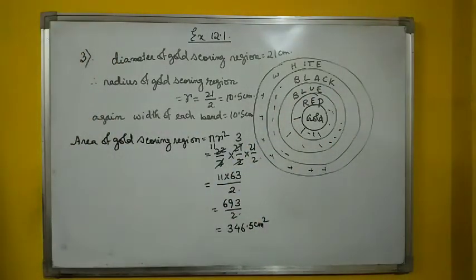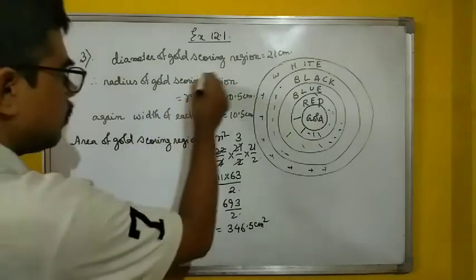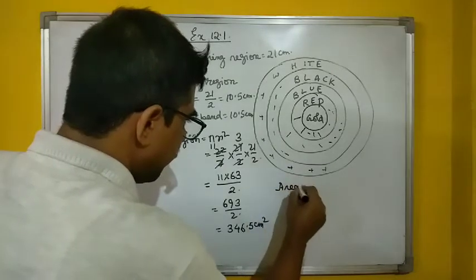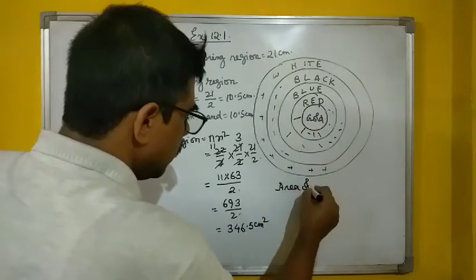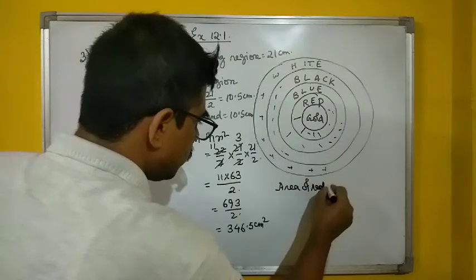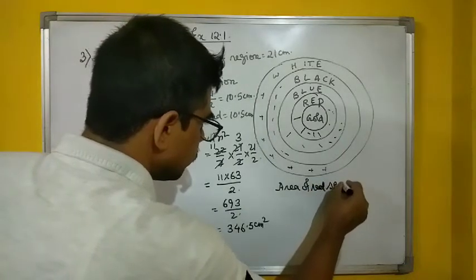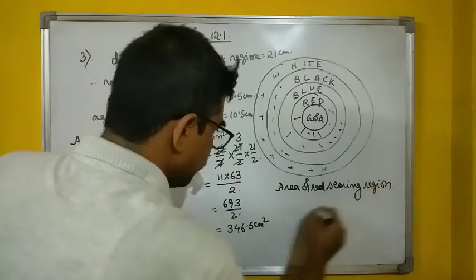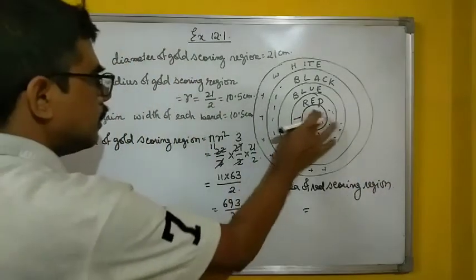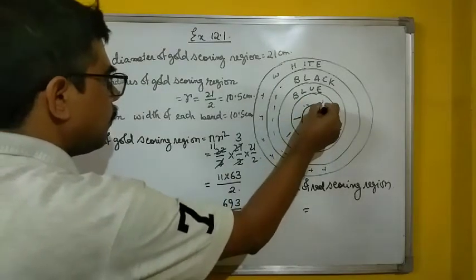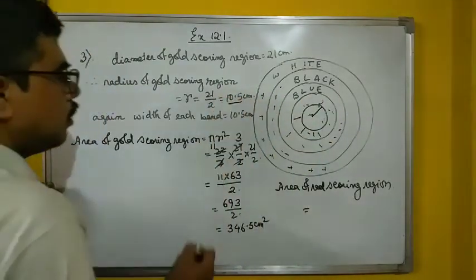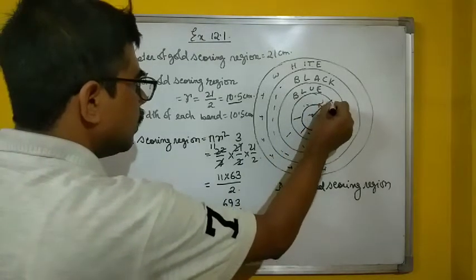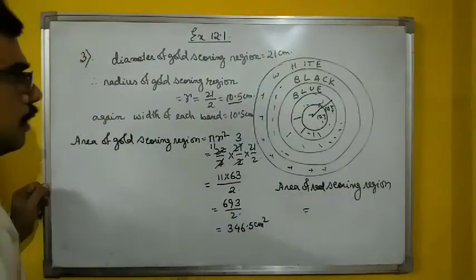You see, here we get 10.5. 10.5 is the radius of the gold scoring region, but this is also 10.5.